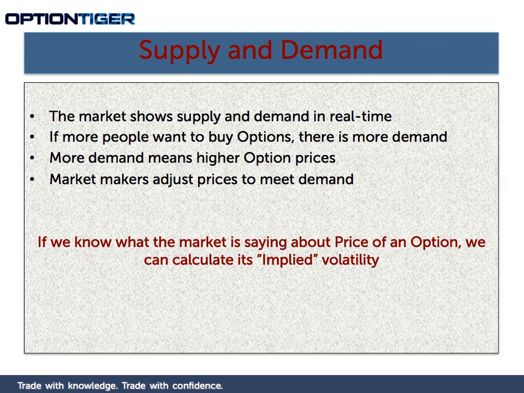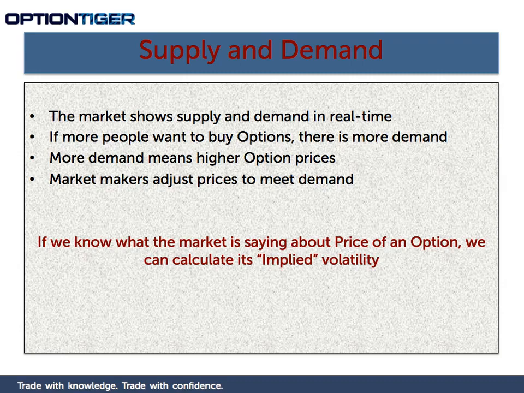And what the market makers do is they can see the order flow coming in. The market maker is a particular individual who's representing their firm on the options exchange. And they can see the order flow coming in. And when they see a particular demand for certain options, they are going to adjust the prices. They're going to increase the prices, because then whoever wants to buy those options is going to have to buy them at a slightly higher price.